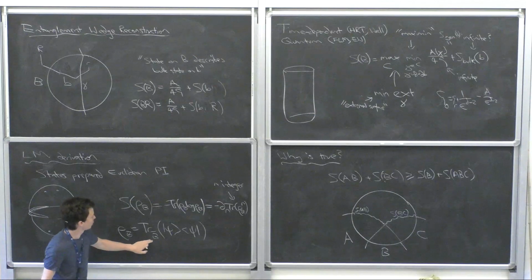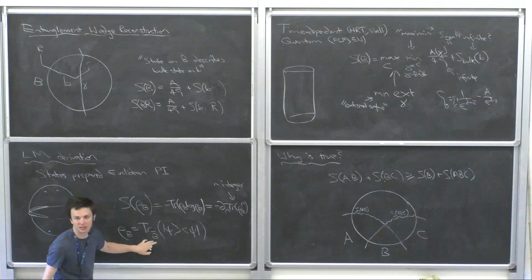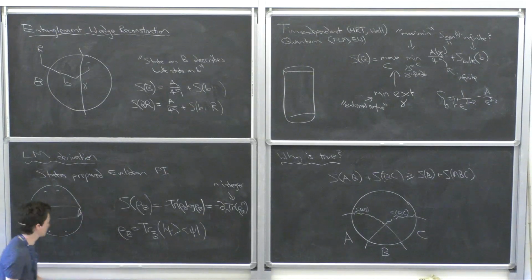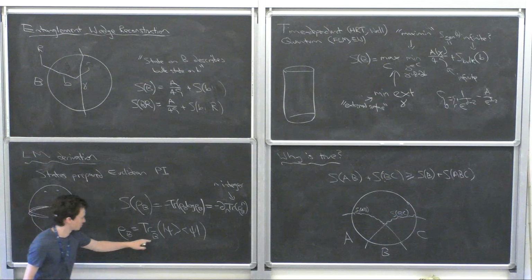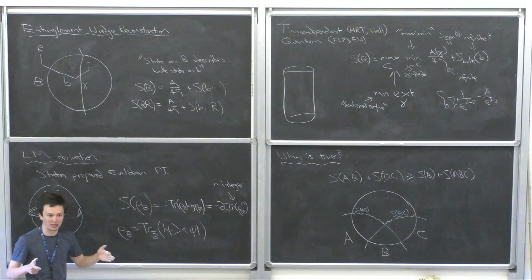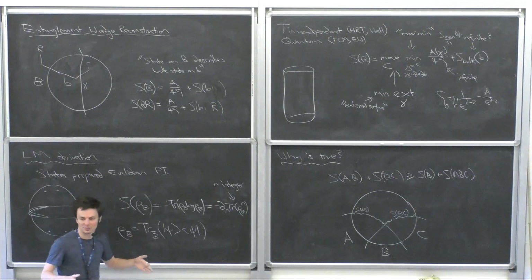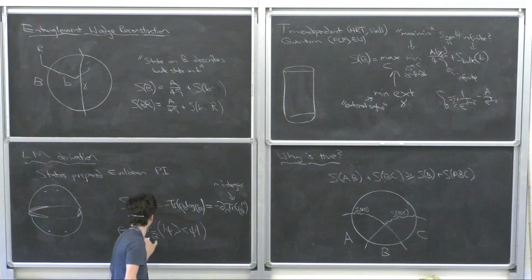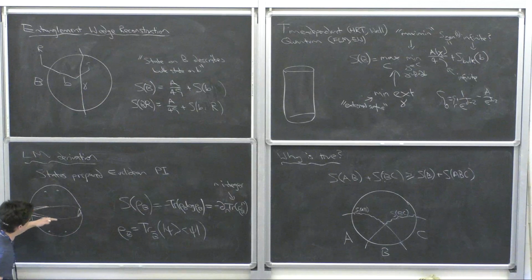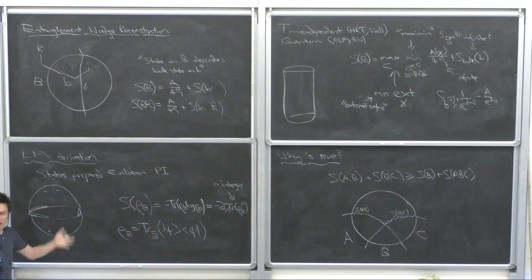But then, when we do the partial trace over B bar, that means we take all the fields that are in B bar, that are not in the region B. We demand that they're equal to each other on the top hemisphere and the bottom hemisphere. Okay, because that's what a trace does. We have a sum over a complete basis of states, and then we put a ket at the beginning and a bra at the end. And so the full effect of that: we set the fields above and below the equator equal, and integrate over those fields.